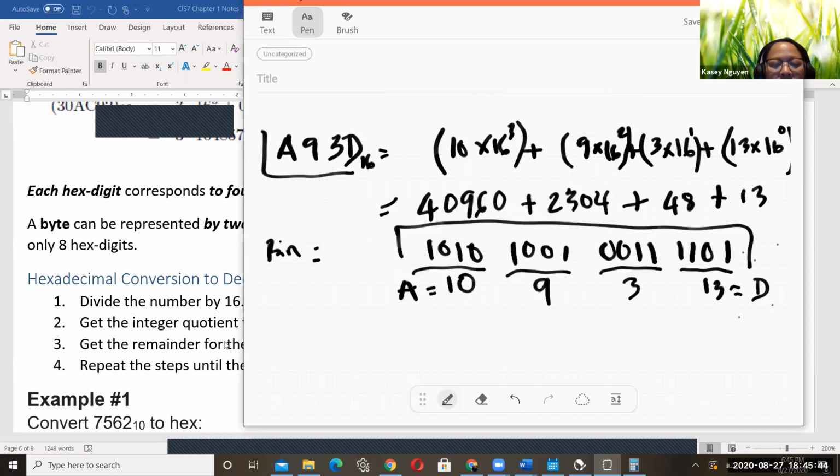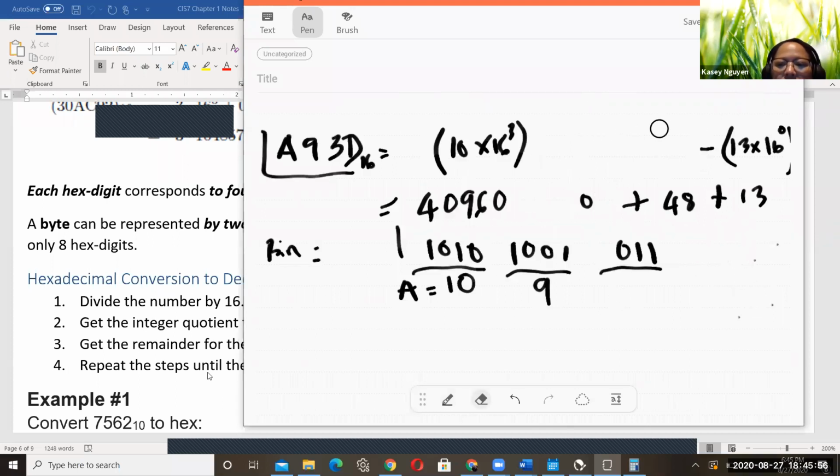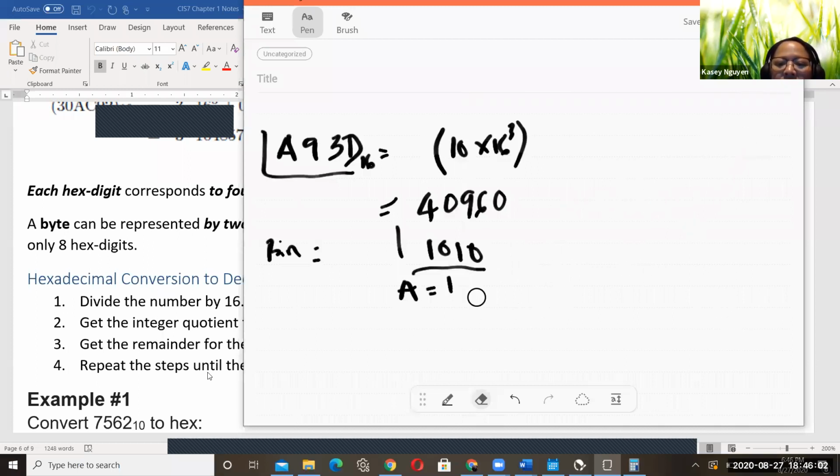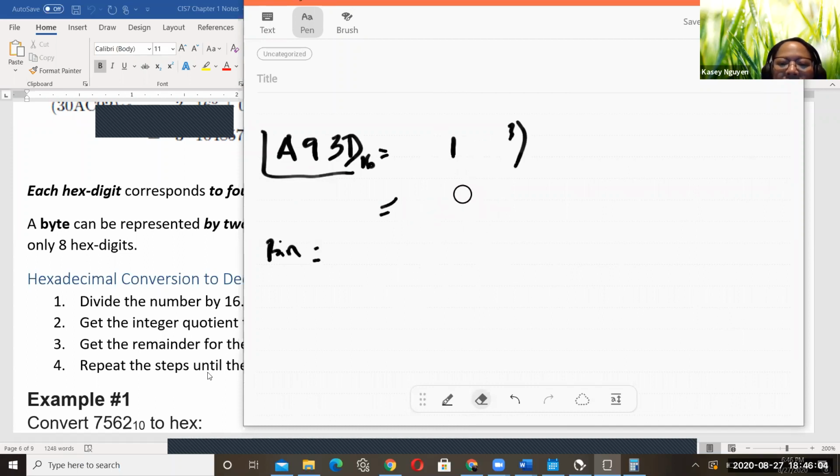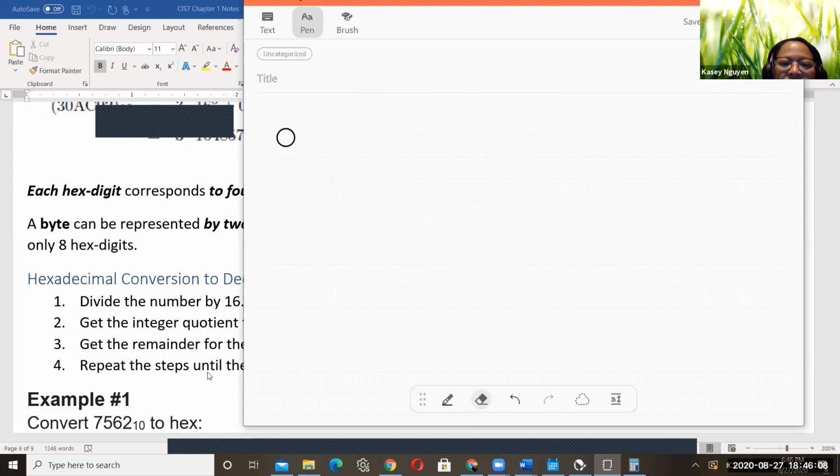So now we're going to go in reverse. We're going to go from decimal to hex by doing the division. I'm going to go ahead and erase this, okay? In the division method, we care about the remainder. Since it's base 16, we're going to divide it by 16, just like how we use the division method to divide by 2 for binary.